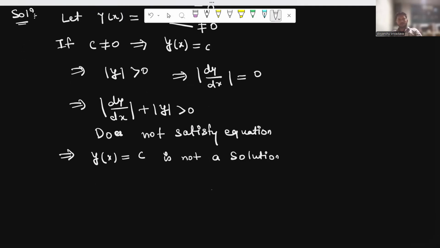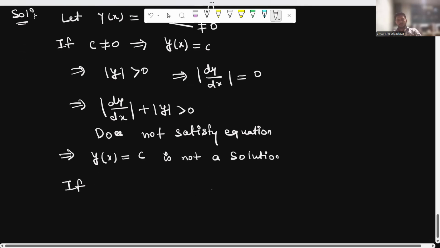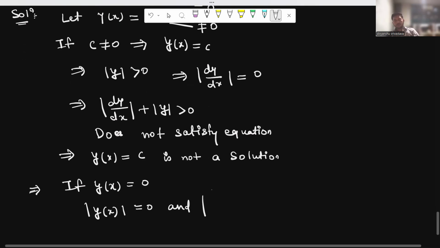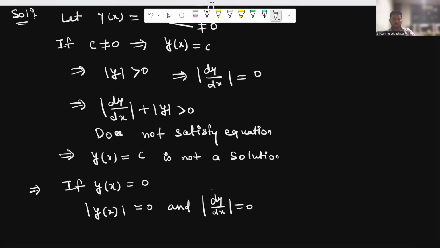If y(x) equals 0, then its modulus is equal to 0 and the modulus of dy/dx is equal to 0. Okay.